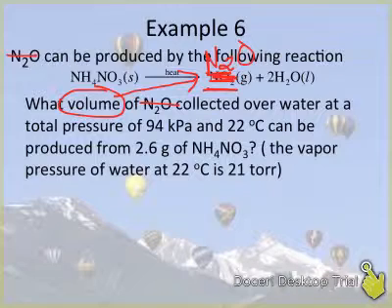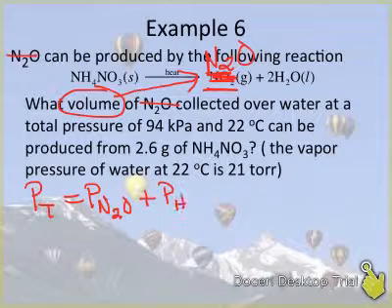Okay, so again, we're going to use our total pressure. It's going to equal our pressure of our nitrogen plus the pressure of our water vapor, which they told us. So we have 94 kPa. We have 21 torrs. What unit do we like so that we can use our ATM? So, I mean, honestly, if you want to use kPa, you can convert towards kPa.